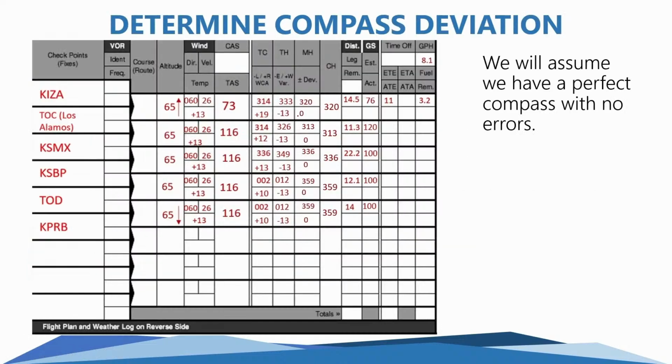So in our case, I'm going to assume we've got a perfect airplane with no deviation, and I'm going to run 0 across the board. And then very simply, you figure out the difference between those values. Your final number here, 320, 313, 336, 359, etc., is your compass heading. That's what you would actually fly using the compass.